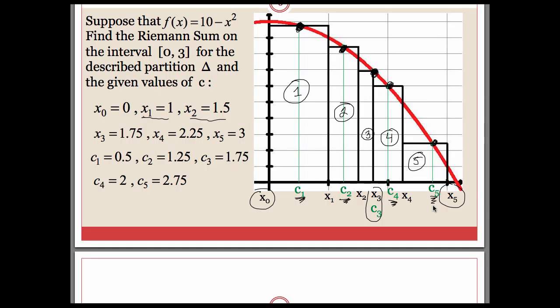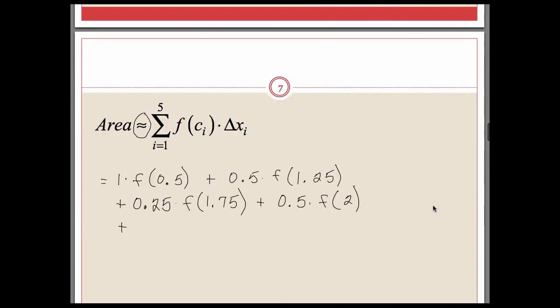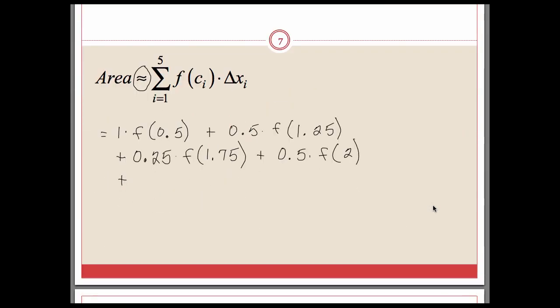So c5 is 2.75. So this is what we can let the calculator do all the work for us. So let's go ahead and turn to the calculator and review how we can let that do the work for us.